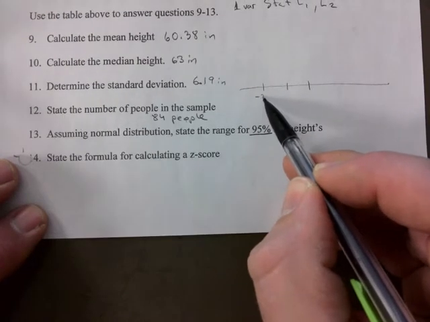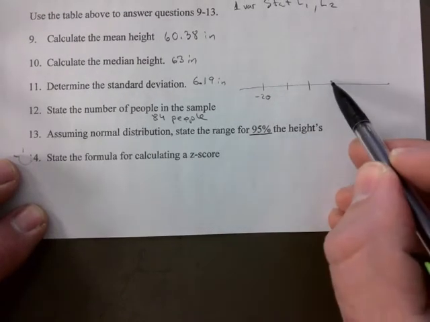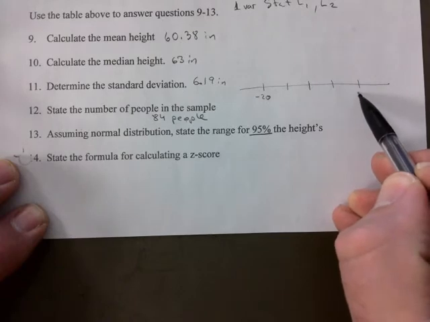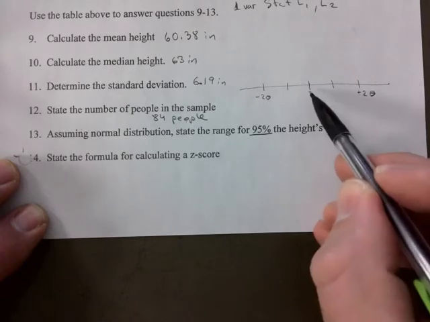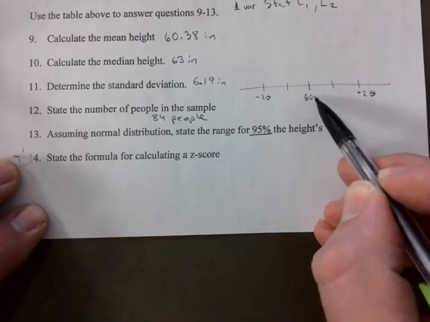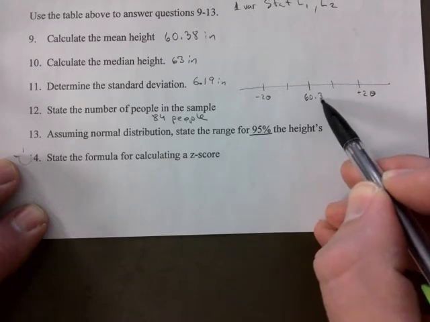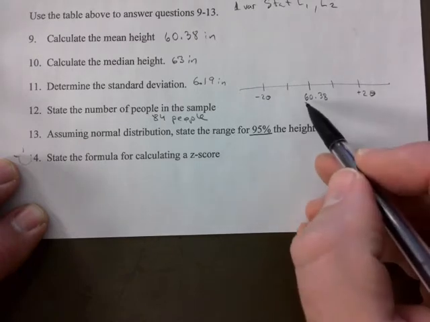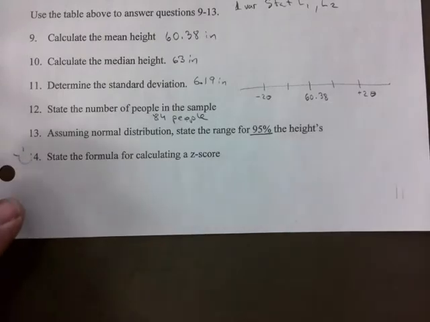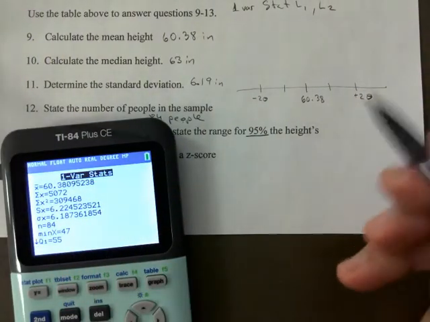So this is 2 standard deviations here, 2 standard deviations there. Our average is 60.38, right? And so we subtract a standard deviation from both sides.